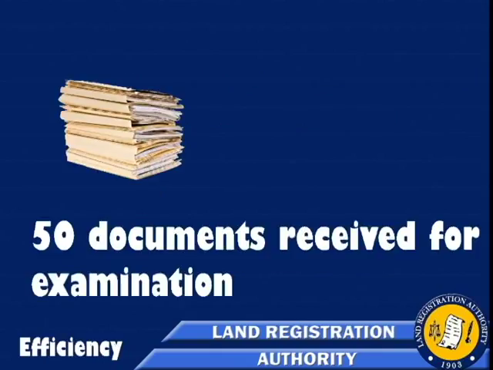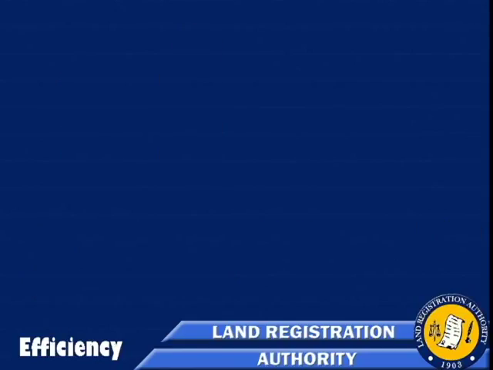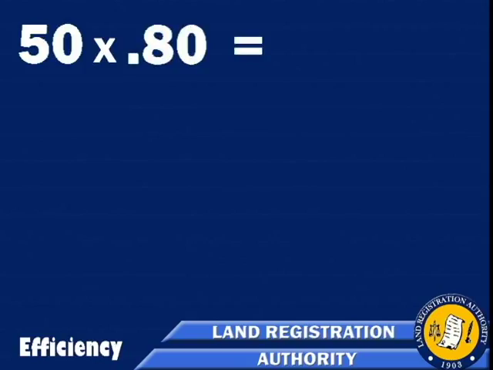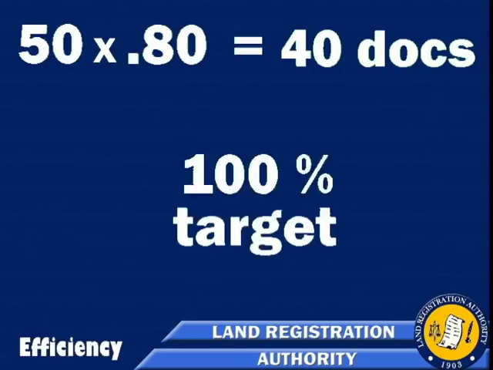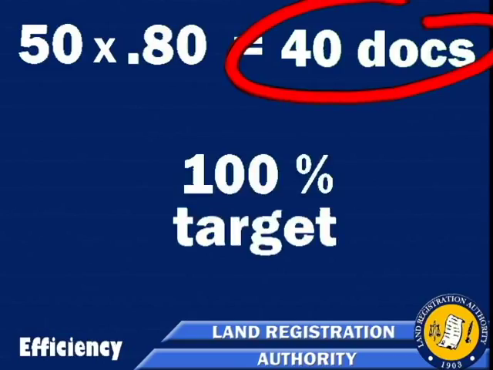Assuming that 50 documents were received for examination, therefore, 50 times 0.80 is equal to 40 documents. That constitutes the 100% target.